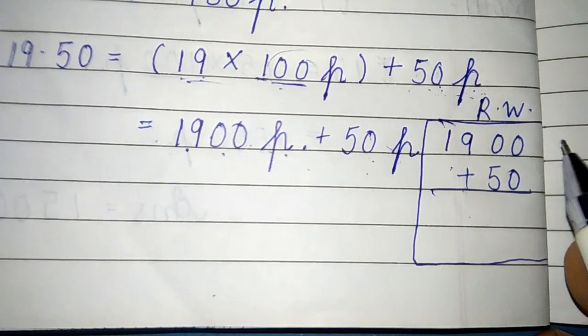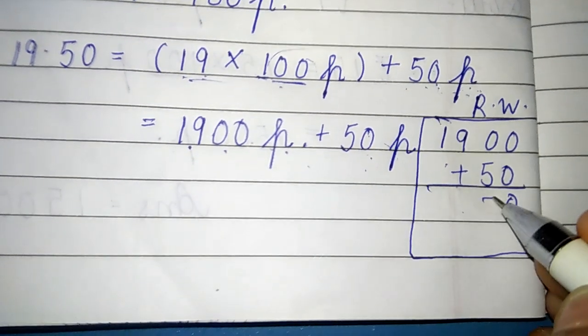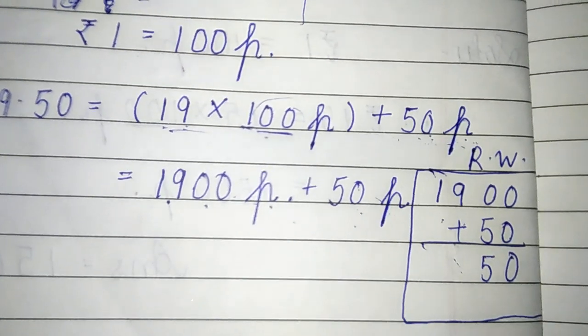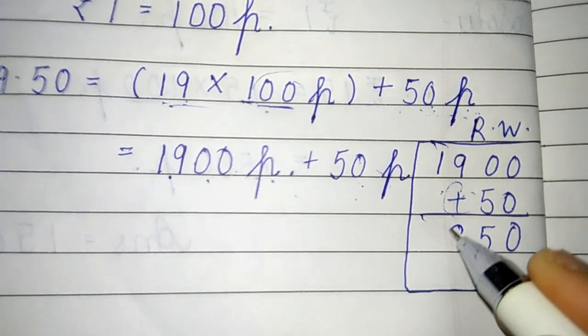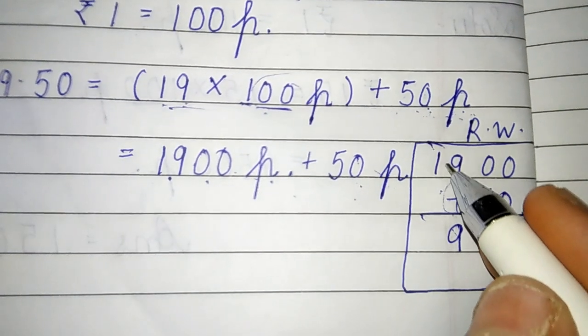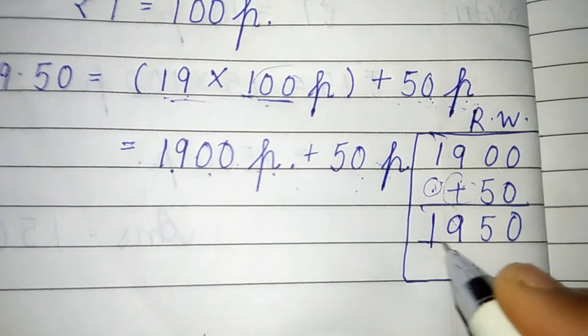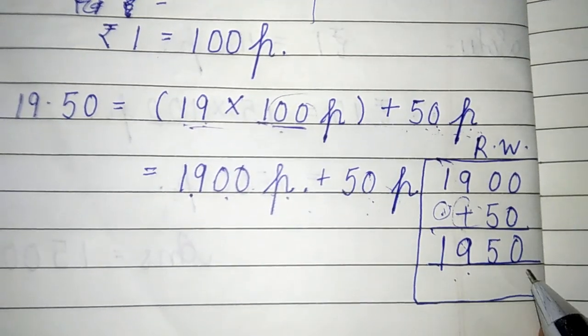Let's add. 0 plus 0 is 0. 0 plus 5 is 5. There is nothing here, so we will write 9 here. And there is nothing below 1, so we will write 1 here. Answer is 1950 paise.